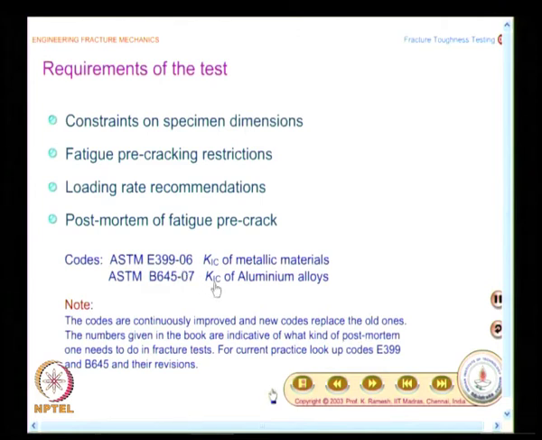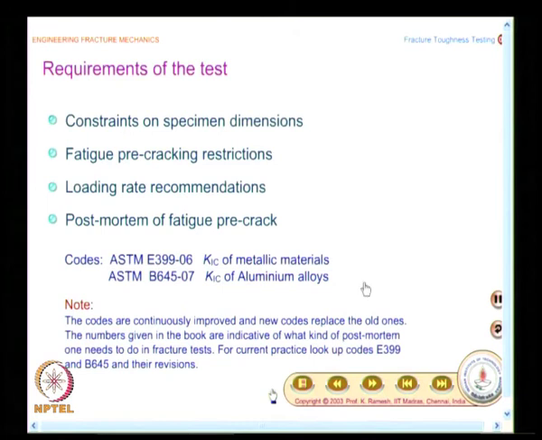And you have to keep in mind, I am going to give only a flavor of how these conditions are met. As I had already mentioned, the codes are continuously improved and new codes replace the old ones. So, the advice is, for current practice, look up codes E399 and B645 and their revisions.